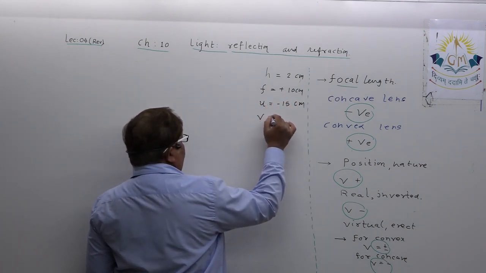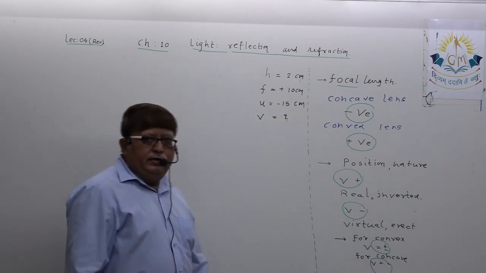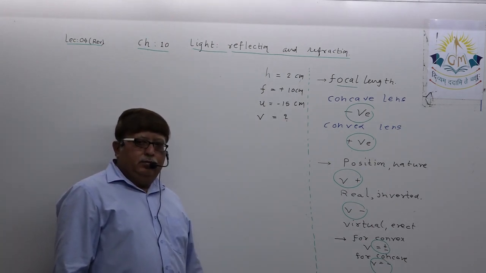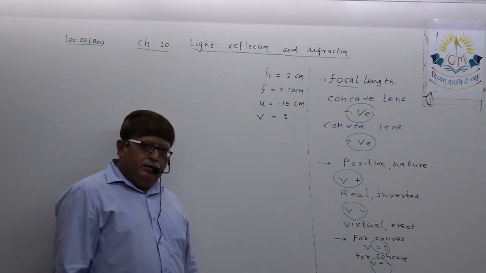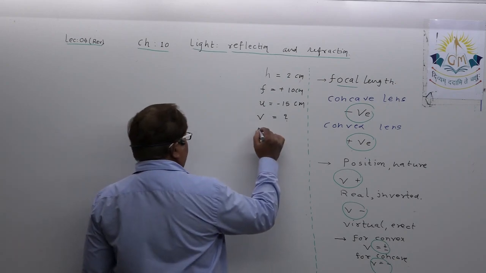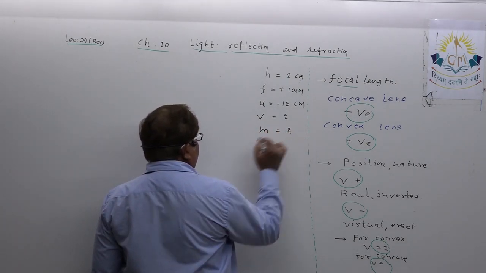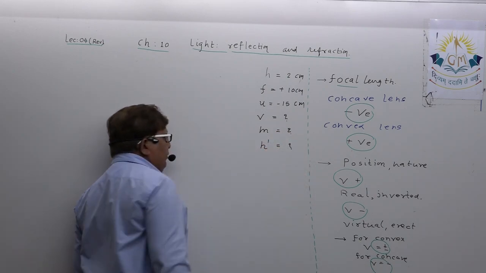We are looking for v. The value of v is going to decide the position and nature of the image. Okay, right? And at the same time we are looking for m, magnification, and we are looking for height of the image also.